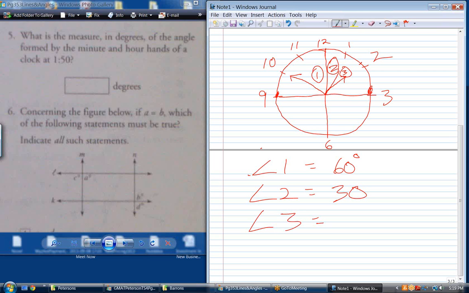Well, it's not pointing at the 6, it's pointing at the 10. So it's pointing 5/6 of the way around the circle, 10/12, which means the little hand must be 5/6 of the way from 1 to 2.